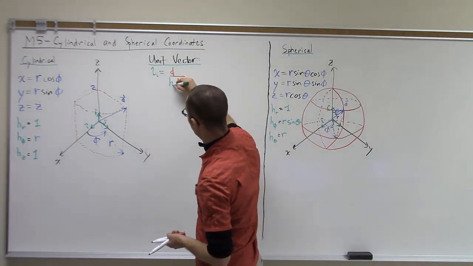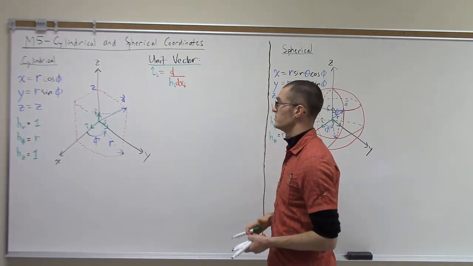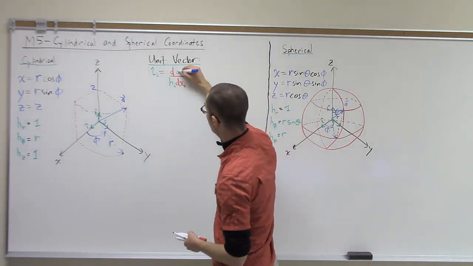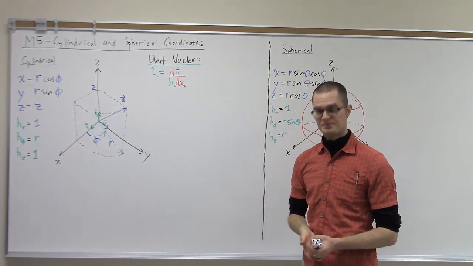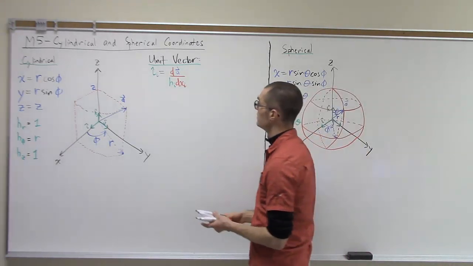Along with that, we're always going to have the scale factor. So whenever you see a dxi, there's always going to be an hi with it. And we're taking the derivative of the actual vector at that point.